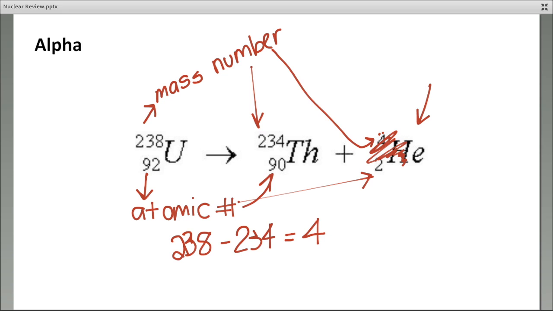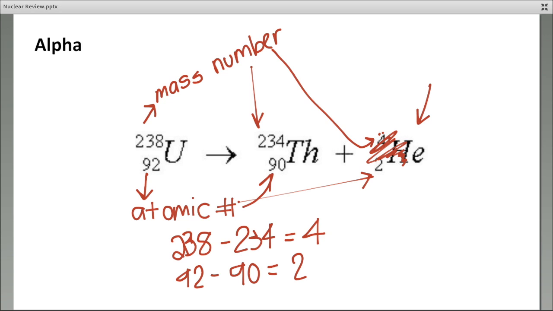And then you can do 92, which is the bottom, minus 90, and get 2. So you've got 4 over 2, and then you could go to your periodic table. You could see that that was a helium atom, and then you would know that you've got alpha radiation. I didn't see anywhere where they made you do this math, but they did want you to see these formulas.